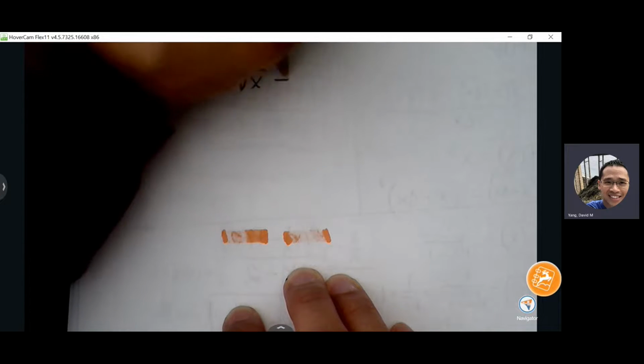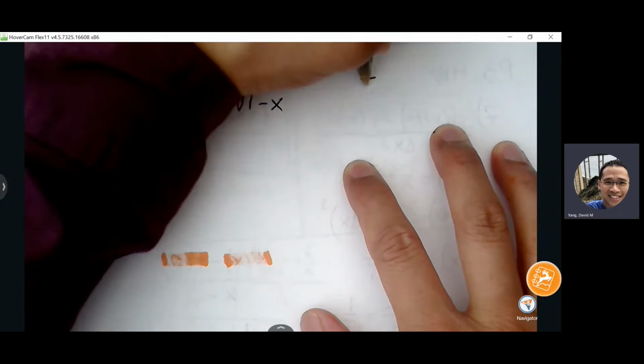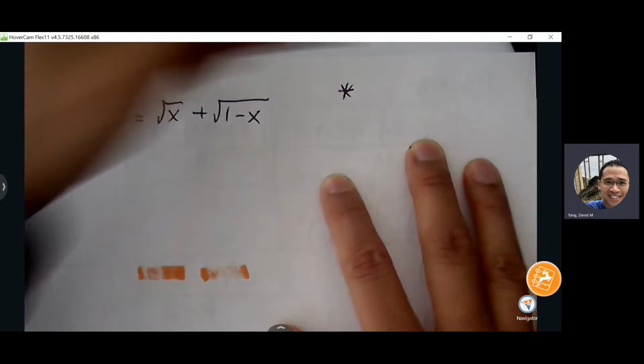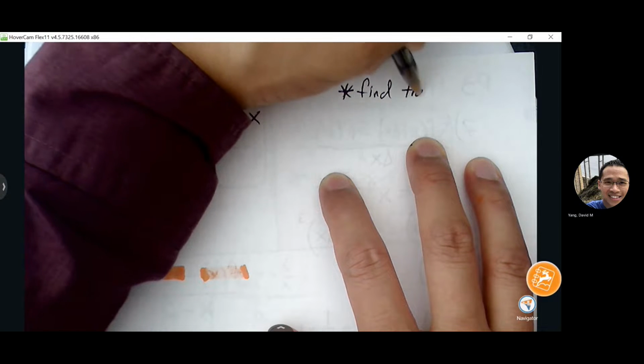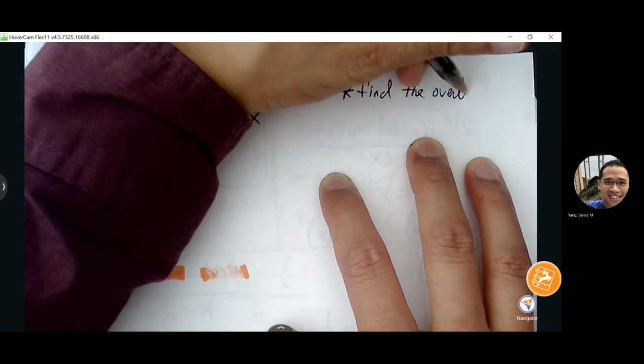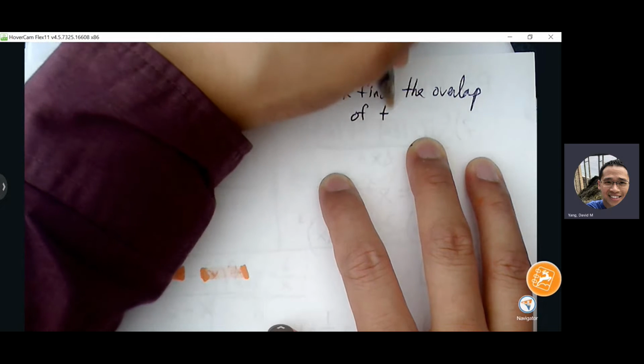Now we have two different expressions. We don't really have to know what the graph looks like. If we can figure out the domain for each of these individual functions, then the domain of the two of them added together is simply the overlap of these separate domains.